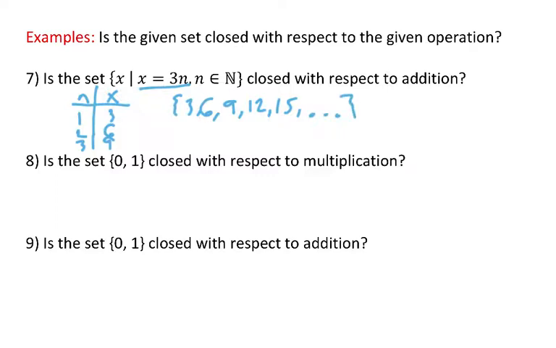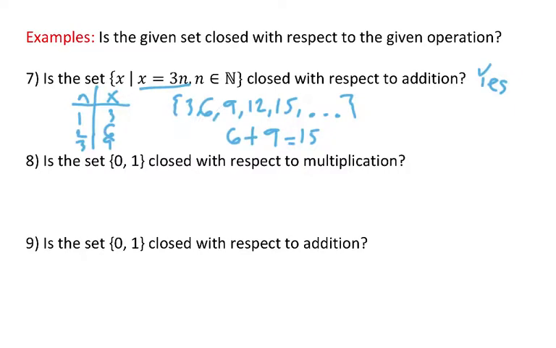Is this closed with respect to addition? And the answer to this is going to be yes. If I take one number that's a multiple of 3 and add it to another number that's a multiple of 3, the result is going to be a multiple of 3. This set is closed with respect to addition.